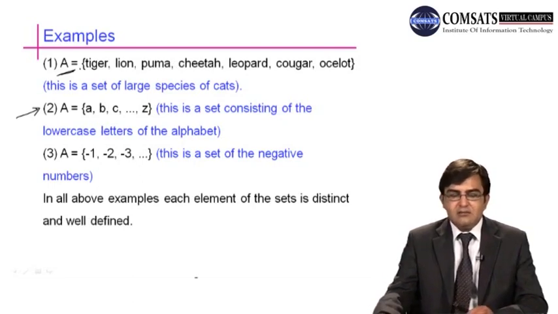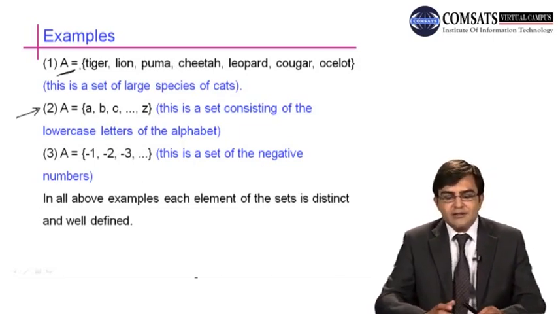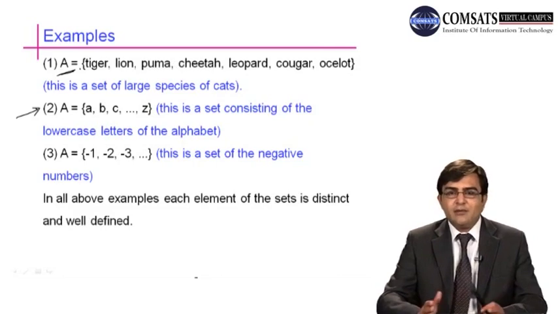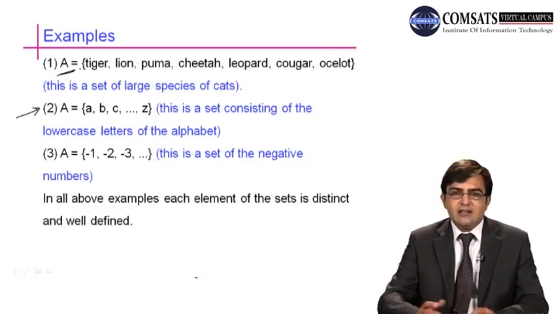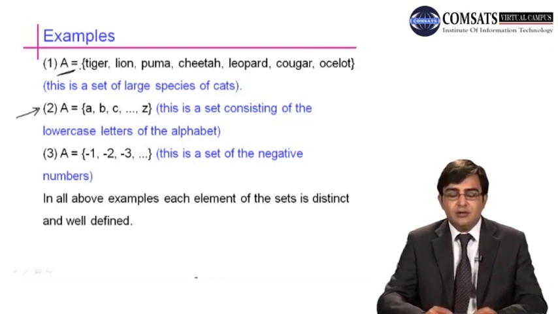Now we see the operations on sets, just like we do operations on numbers. For example, we add numbers, we subtract numbers, we divide, multiply. These are the algebraic operations on numbers.